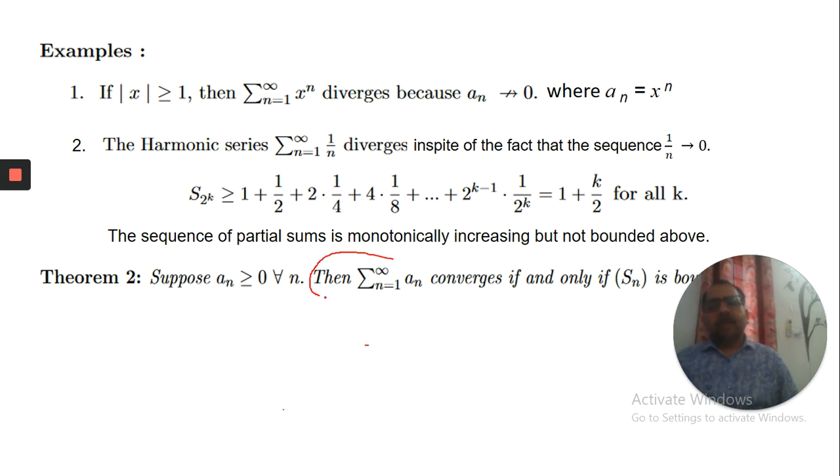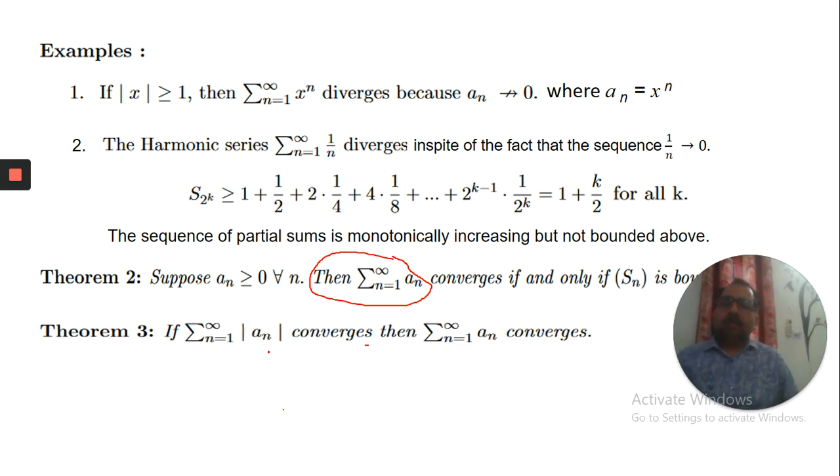And this series has positive terms, which means the partial sums sequence is monotonically increasing. Therefore, if that partial sum sequence is bounded above, only then this series can converge.